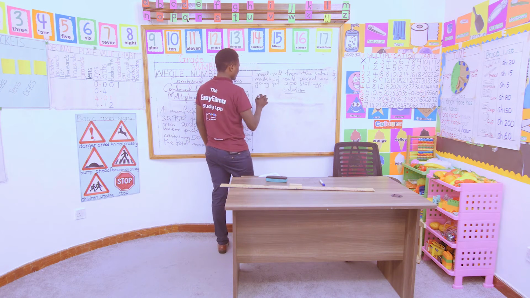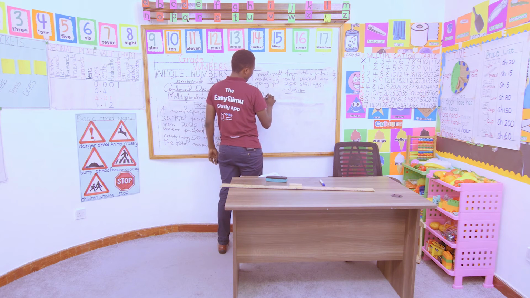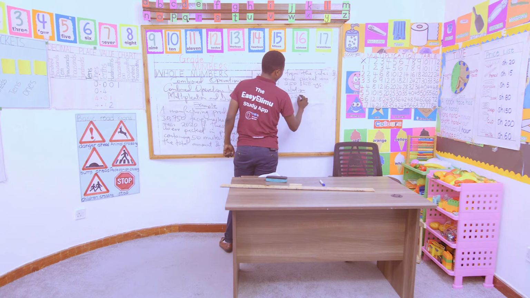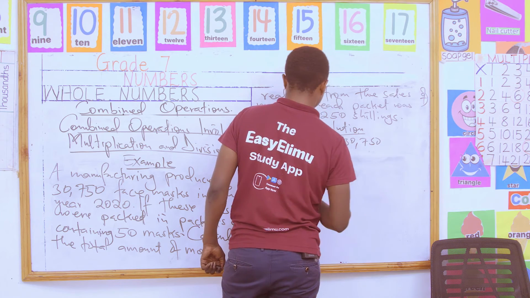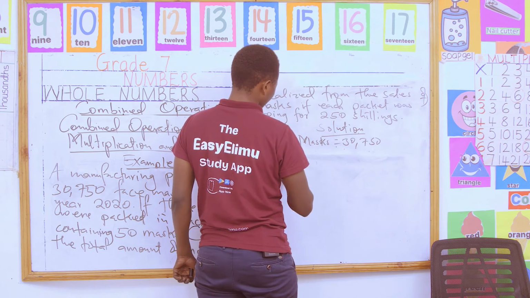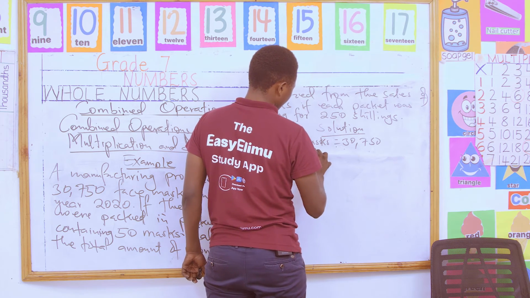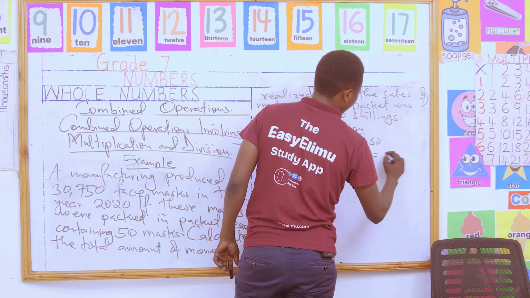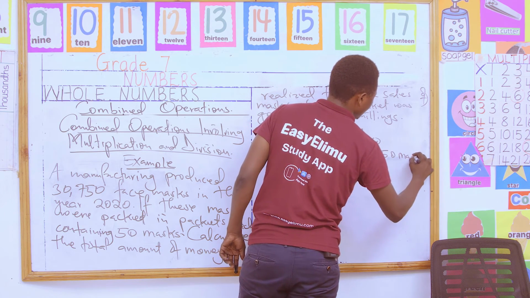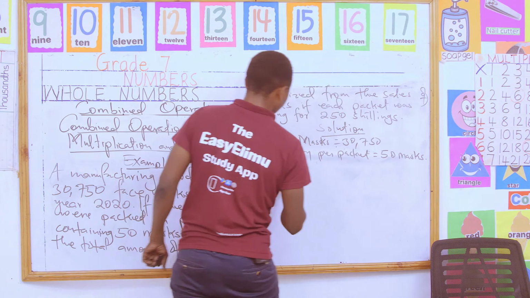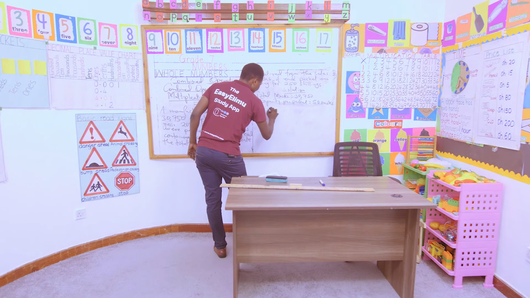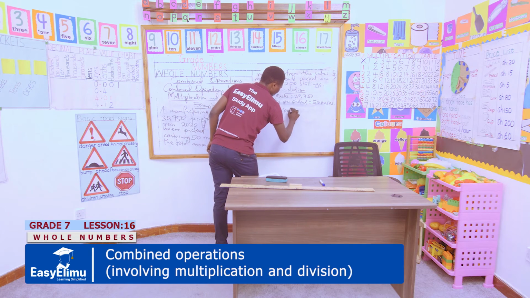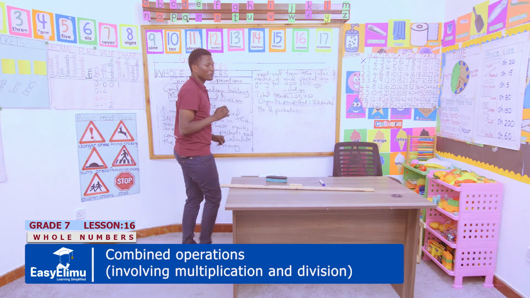So here we must note total masks produced is 30,750. Then capacity per packet is 50 masks. So number of packets. How do you get the number of packets, class?